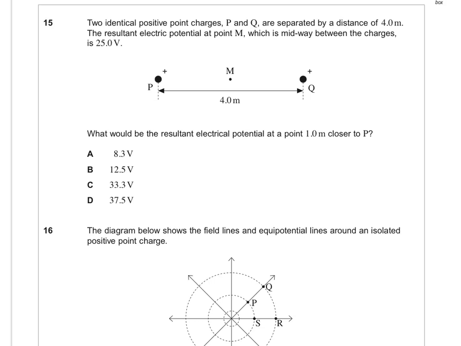So the potential from P would be K over 2.0 to start with, and it will be exactly the same for Q, and we know that's equal to 25.0 volts.